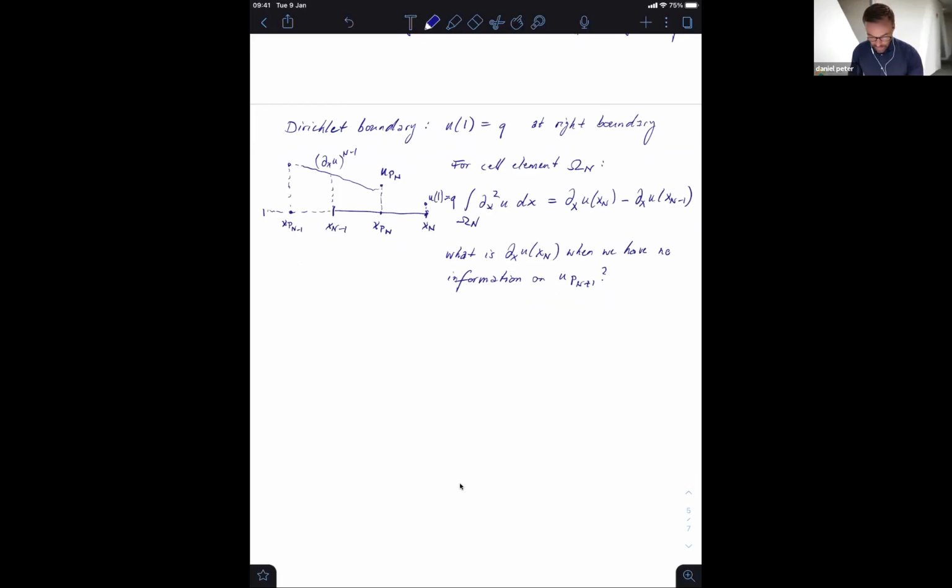So how do we get this derivative? Well, we can use a backward differencing scheme. So we just interpolate the derivative between xn and the centroid position.